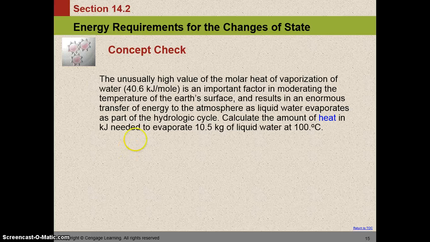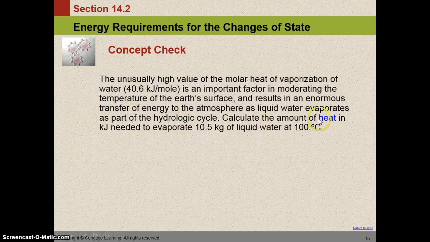All right, let's take a look at this concept check. It says the unusually high value of the molar heat of vaporization of water, which is 40.6 kilojoules per mole, so it takes 40.6 kilojoules to vaporize a mole of water, is an important factor in moderating the temperature of the Earth's surface and results in an enormous transfer of energy to the atmosphere as liquid water evaporates as part of the hydrological cycle.